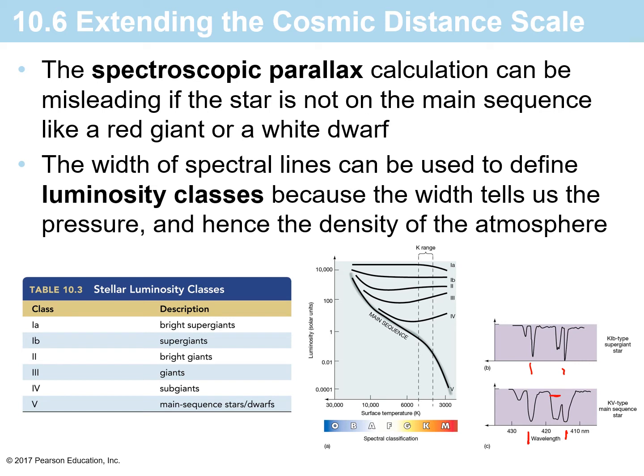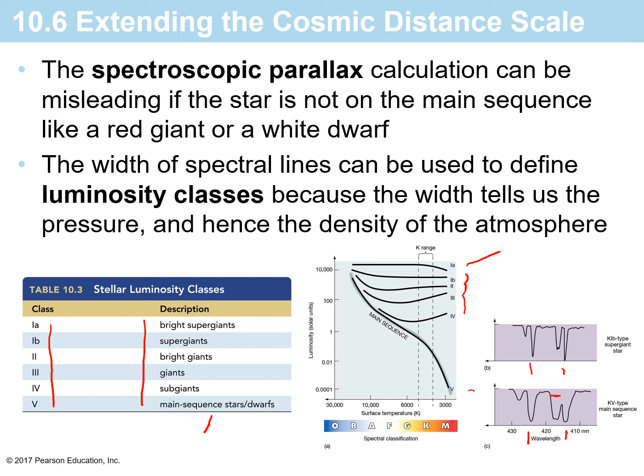So here we have our different classes. So stellar luminosity classes, there we go with our bright supergiants, bright giants, giants, subgiants, and main sequence stars. So class 1A, class 1B, class 2, class 3, class 4, and then class 5.